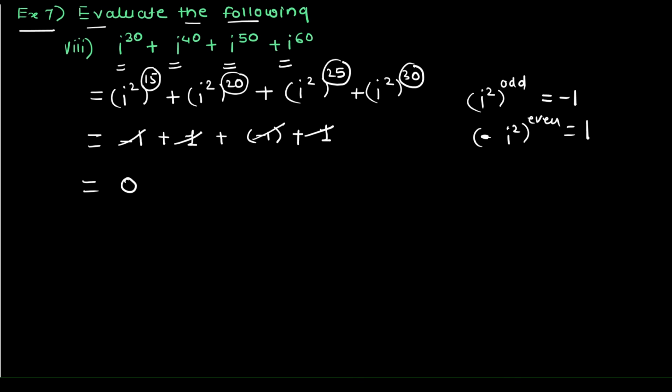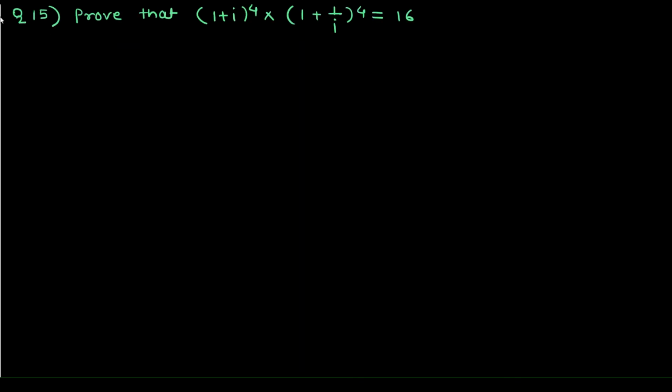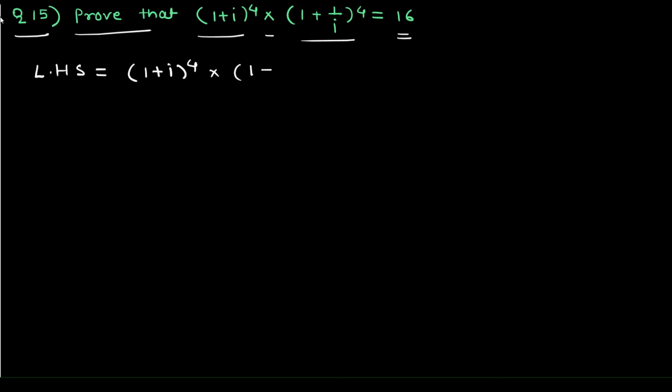Now next, question number 15. In question number 15 we have to prove that the term (1 plus i) to the power 4 into (1 plus 1 upon i) to the power 4 is equal to 16. So for that I consider the LHS of that expression, that is (1 plus i) to the power 4 into (1 plus 1 upon i) to the power 4.